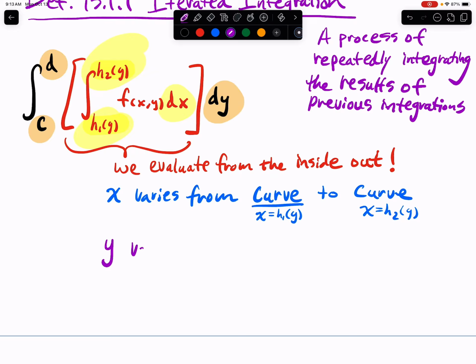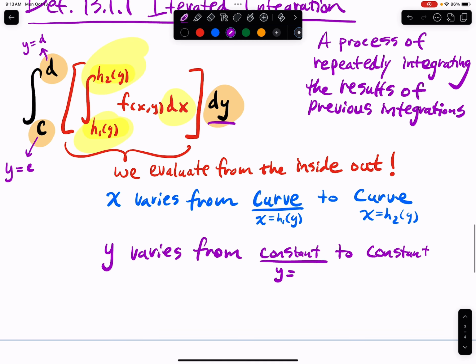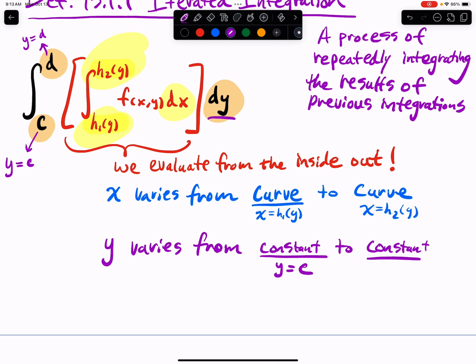So y varies from constant to constant. So if I integrate with respect to y, I have y equals c up to y equals d. Okay?